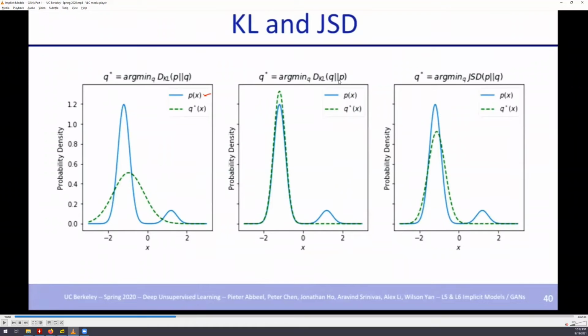This is the reverse one, where P and Q are switched over in the KL divergence. But the Jensen-Shannon is close to reverse, but not quite. It does put a little bit of weight into the one, but it doesn't have to fully cover it.